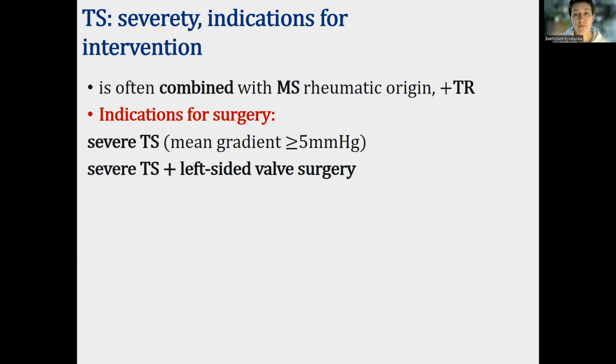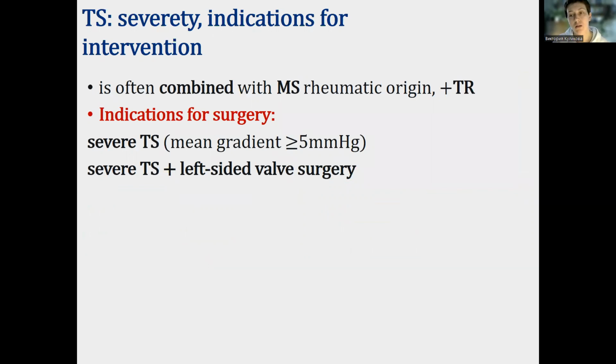Indications for surgery in patients with tricuspid stenosis are severe tricuspid stenosis, so the mean gradient through the tricuspid valve more than 5, or severe tricuspid stenosis plus left-sided valve surgery.